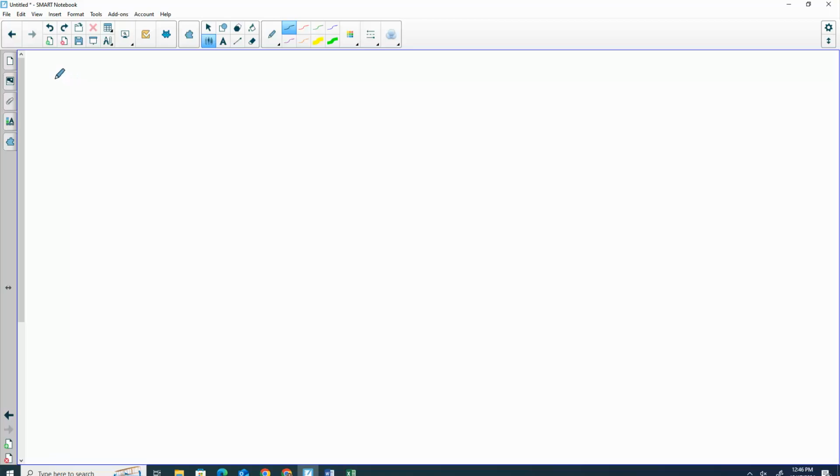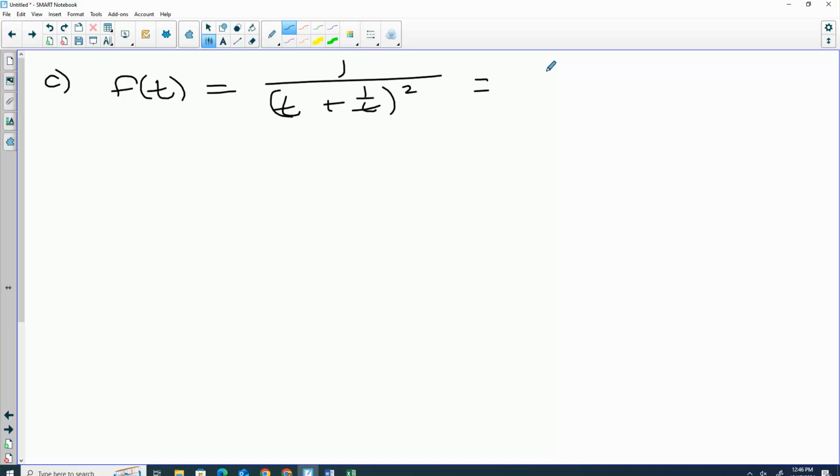So this is another one. We can do the quotient rule. We could multiply out the whole denominator. Just change that little 2 to a -2. And my 1 over t, can I write that as t to the -1? And when you bring that to the top, it's 1 times that.